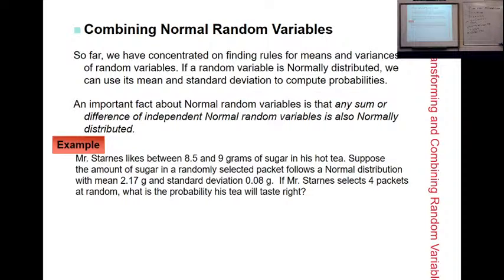I should have been able to do that one in my head. I was thinking 512, but 512 isn't a perfect square. This is 2 to the 8th power, and so that will have a square root of 2 to the 4th, which is 16. Anyway, that's my standard deviation.